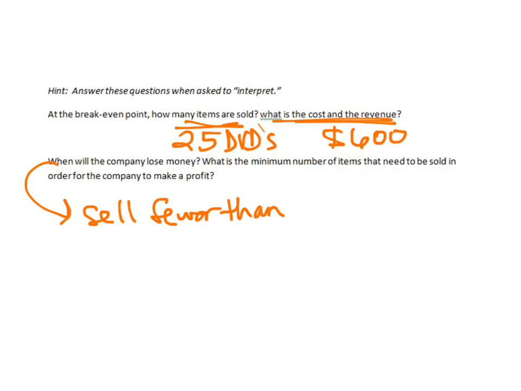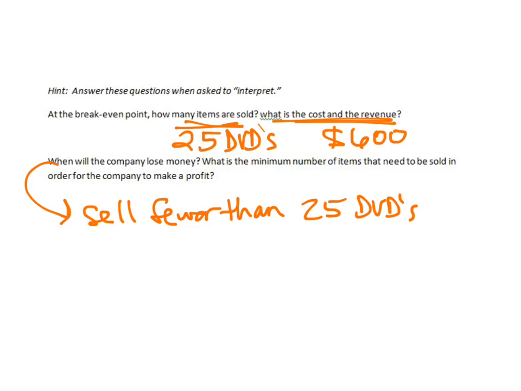Sell fewer than 25 DVDs. What is the minimum number of items that needs to be sold in order for the company to make a profit? This one worked out nicely. Your break-even point happens to be a whole number, but sometimes you'll end up with a fraction or a decimal. If you can't sell a portion of a product, if you can only sell whole products, then you would bump it up to the next whole number.